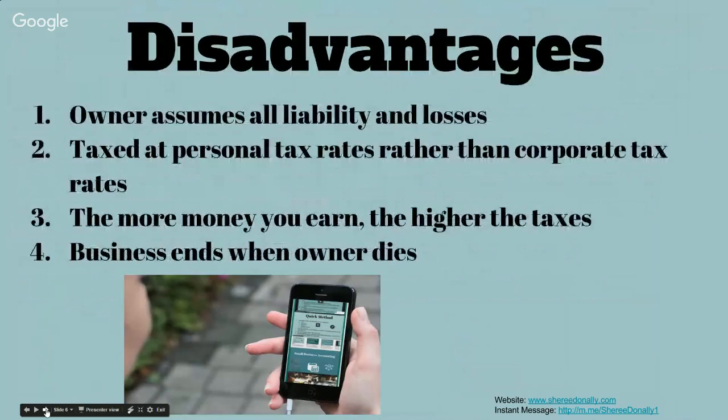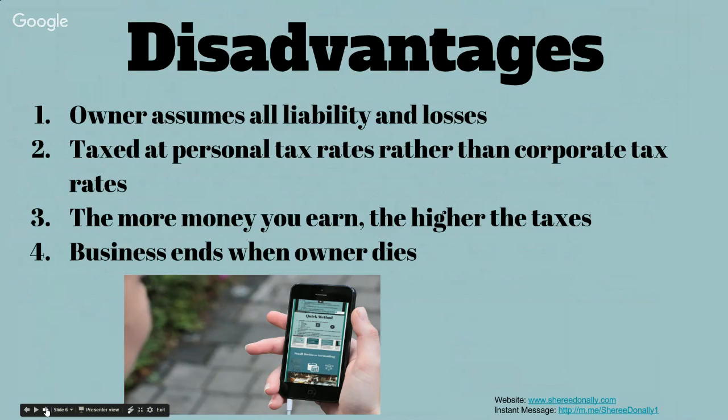Some disadvantages of the sole proprietorship. The owner assumes all liability and losses. So if the business is sued for any reason, the owner is liable for any risk and any lawsuits. You're taxed at personal tax rates rather than the corporate tax rate. So the more money that you earn, the higher the taxes.